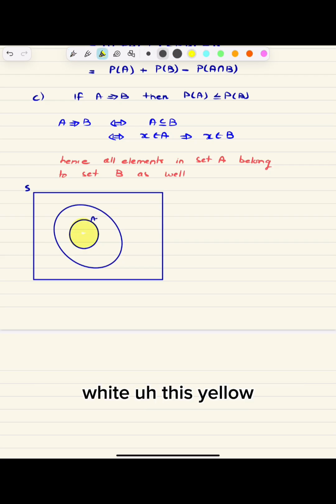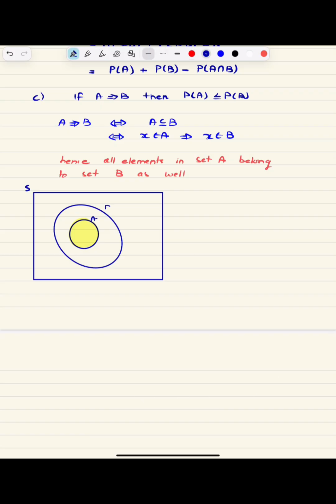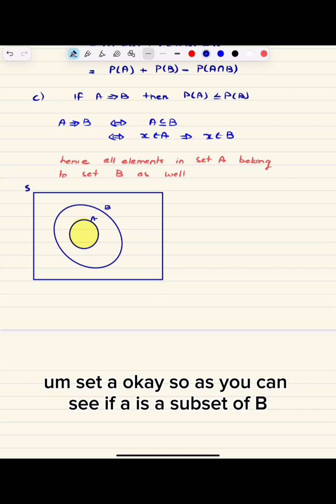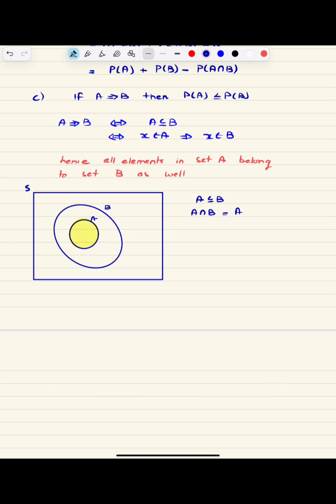This yellow circle represents all elements in set A. As you can see, if A is a subset of B, then the intersection of A and B is simply A itself.